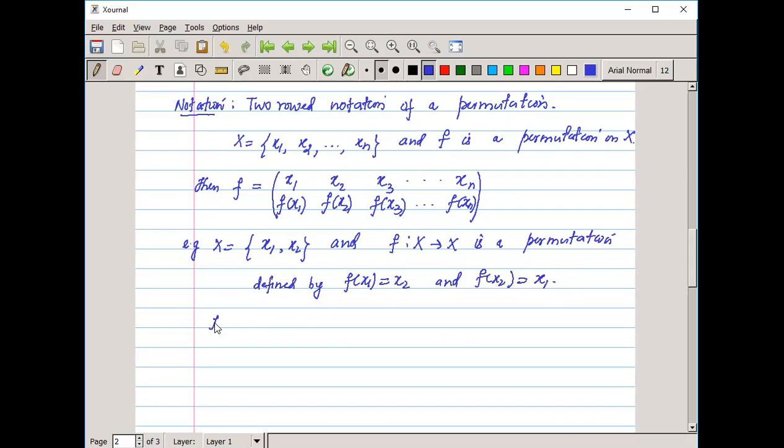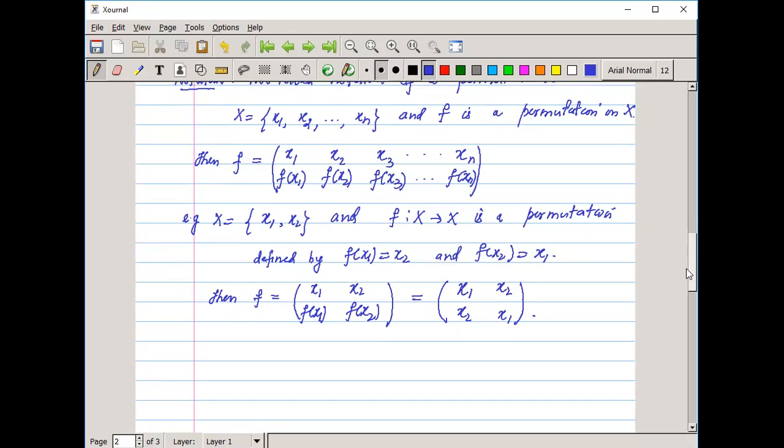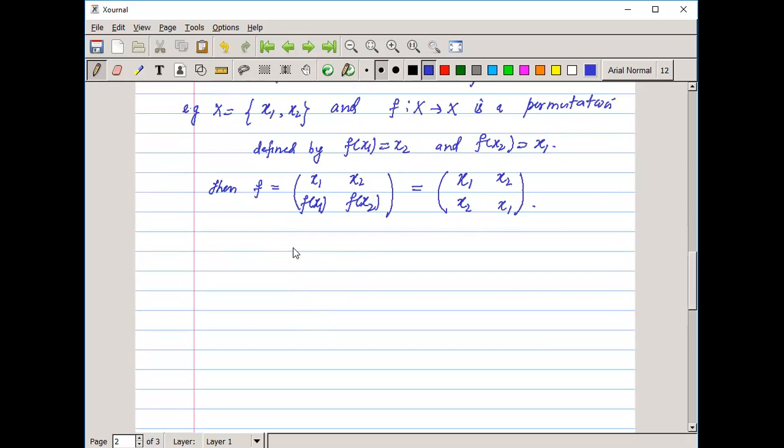Then we can write this permutation as f, so here we have x1, and here we can write f of x1, and here we have x2, here we will write f of x2. Now the image of x1 is x2 under f, and similarly here we write x2 and the image of x2 is x1 under f. So this is the permutation f written in two-row notation.